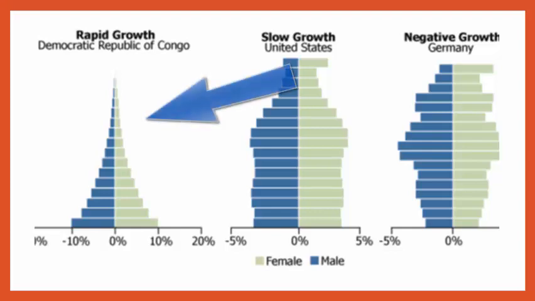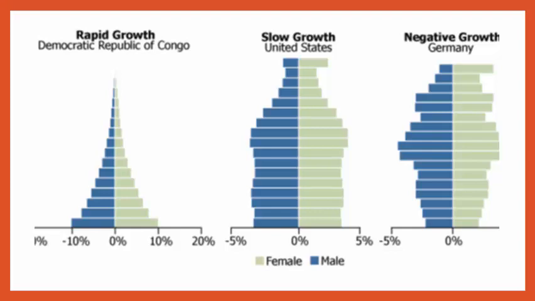If we look at the graph all the way on the left-hand side of the screen, this is a rapid population growth. This is the Democratic Republic of the Congo. So what's happening here is people are having a whole lot of babies. And yes, there are factors like high infant mortality, so not a lot of those babies reach old age.